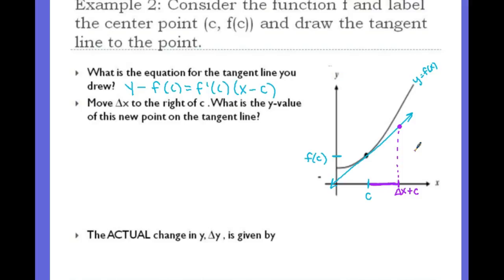So what we would do is plug this into F on my tangent line.